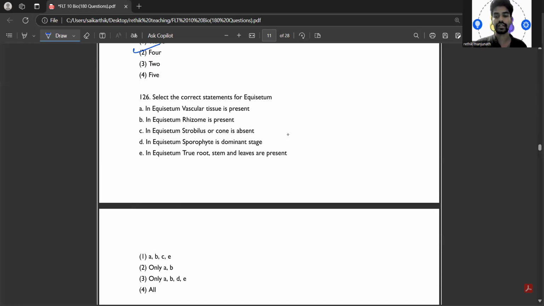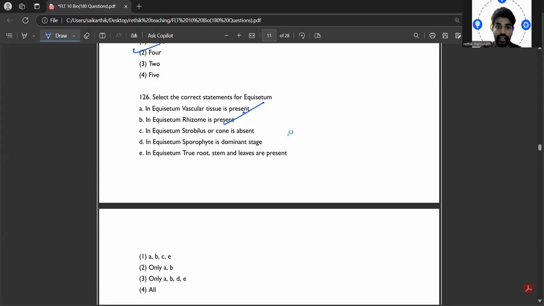Second one, 126. So what does 126 say here? Equisetum. So here we need to select a correct statement for this. 126 says that in Equisetum, vascular tissue is present, correct. Then rhizome is present, correct.